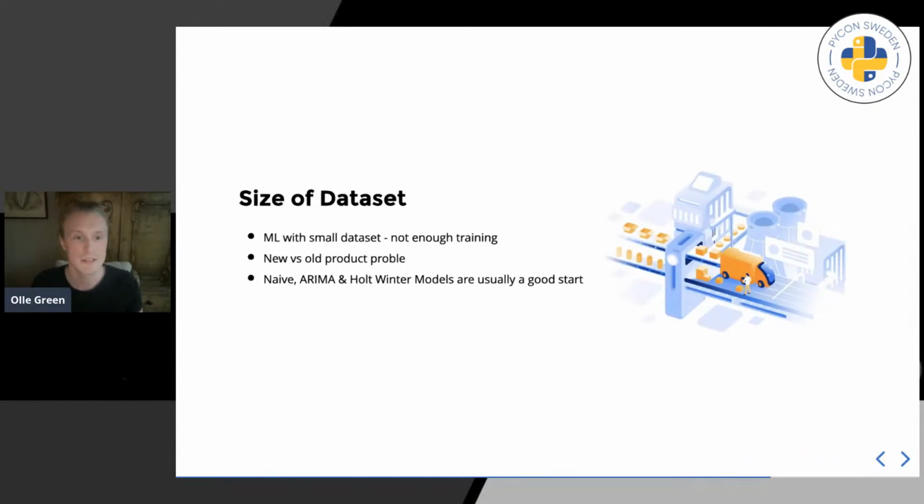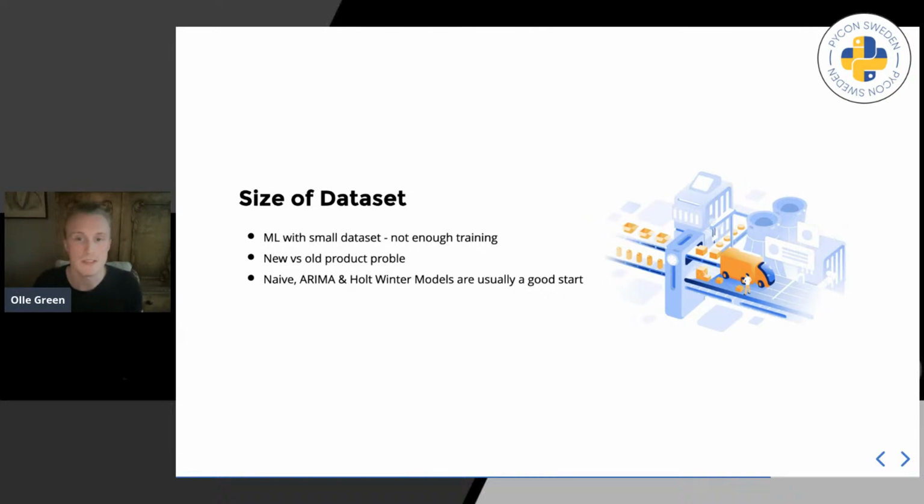Finally, the size of the data set. For example, in machine learning, having a small data set, such as at the beginning of a new product launch, say we're going to start selling kiwis, having a machine learning model that we train on a few days of data is, of course, going to give us very odd results. So remember to make it as simple as possible.